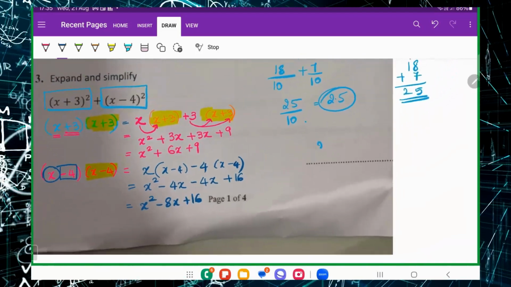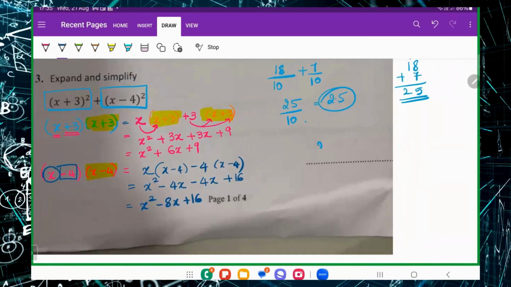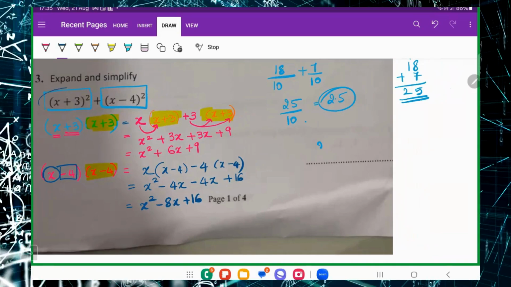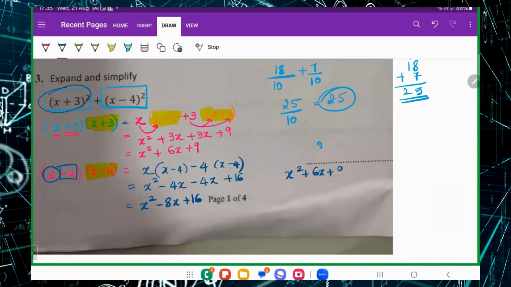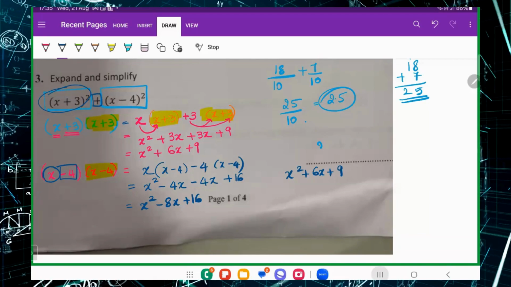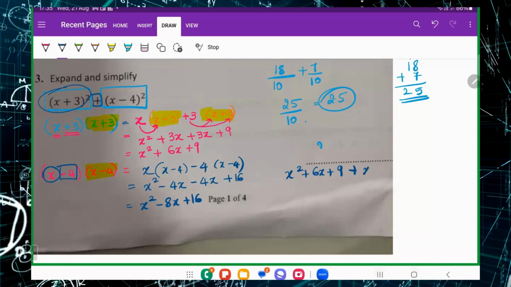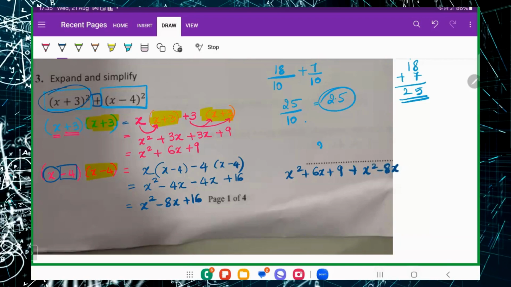Okay, now it's time to bring the terms together. The answer to this is x square plus 6x plus 9. Then you have a plus sign in between, and then you have x square minus 8x plus 16.